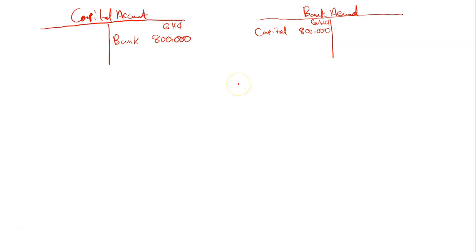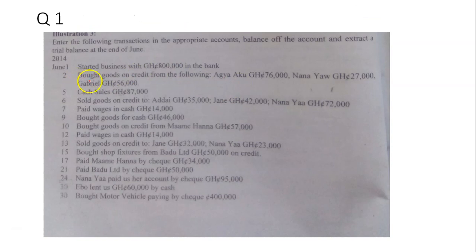So let's go to the second transaction. On 2nd June, bought goods on credit from the following: Aku, Nana Yao, and Gabriel. Now, when you bought goods on credit from Aku, there are two accounts involved. Bought means to purchase something, okay? So when you bought, the first account is the purchases account, and the second one is what?